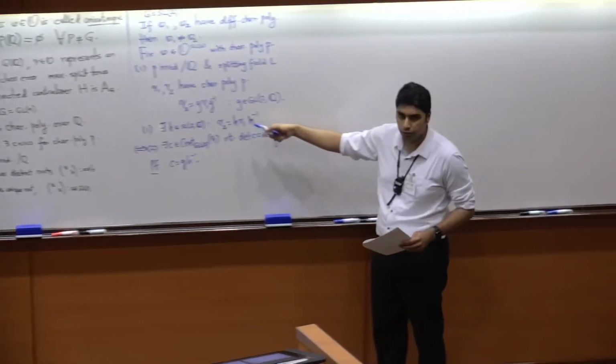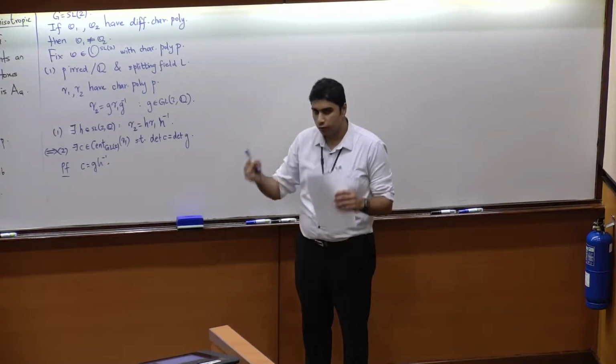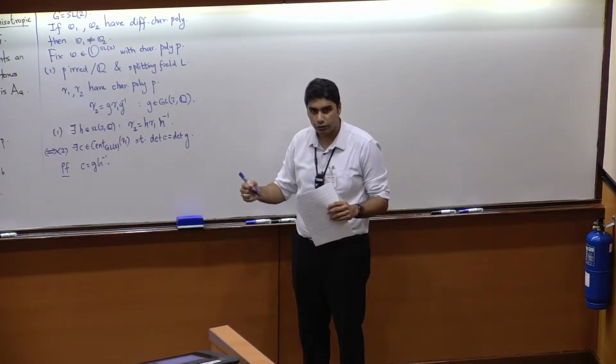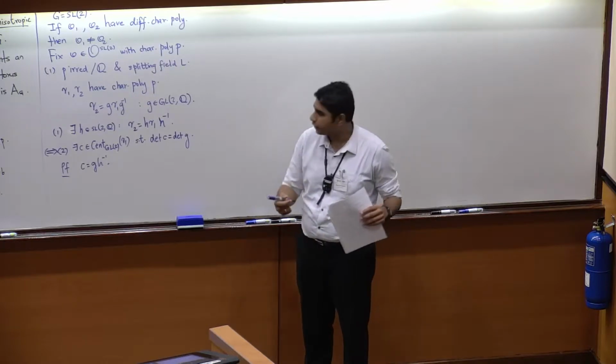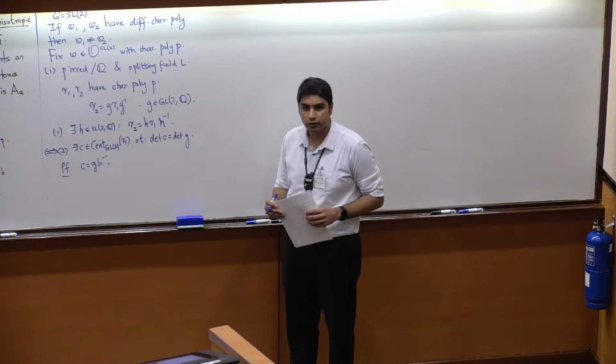And this helps us to go from one to the other. So what I'm looking for is two elements conjugate over GL2, but are they conjugate over SL2 or not? And the condition is this. So far, is it okay?